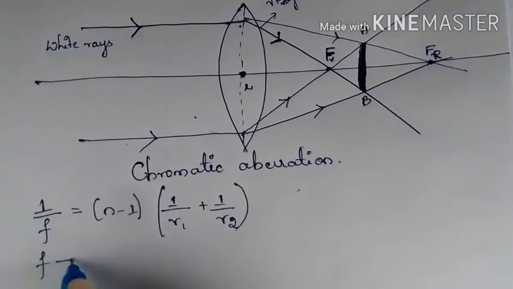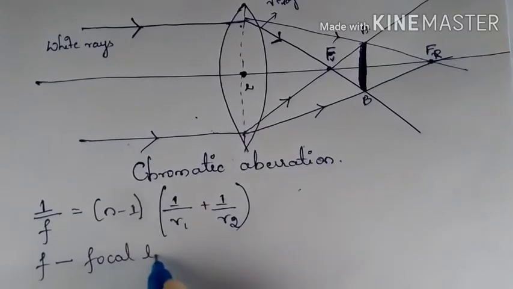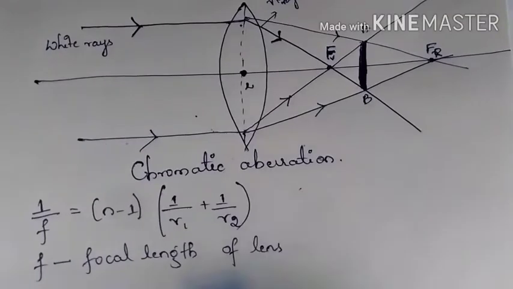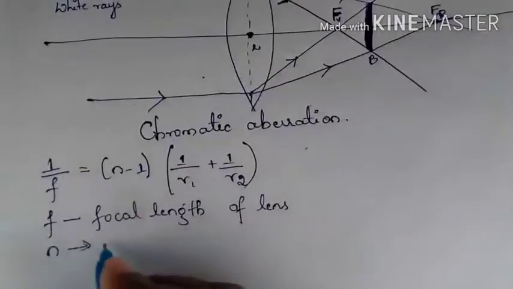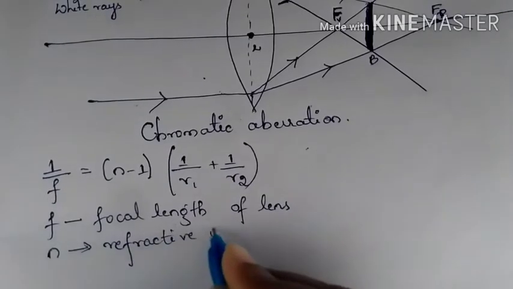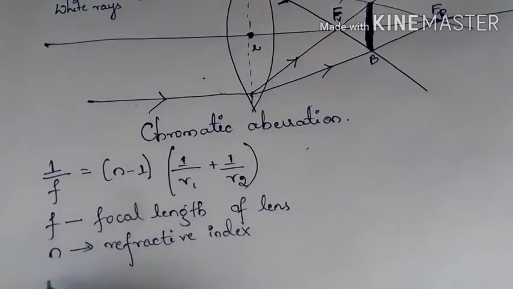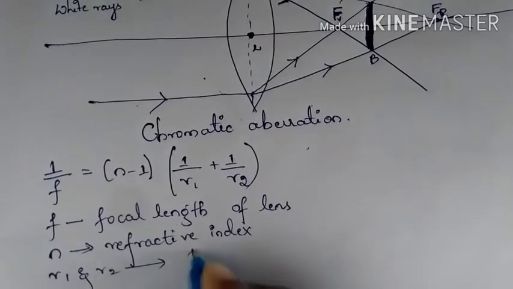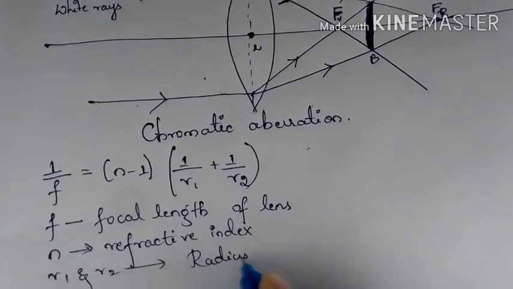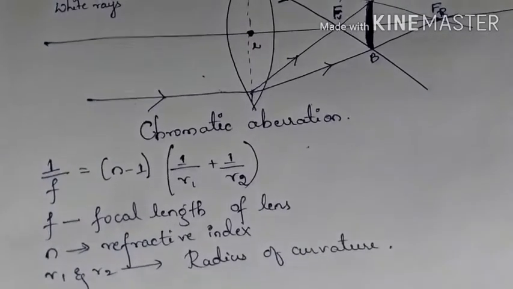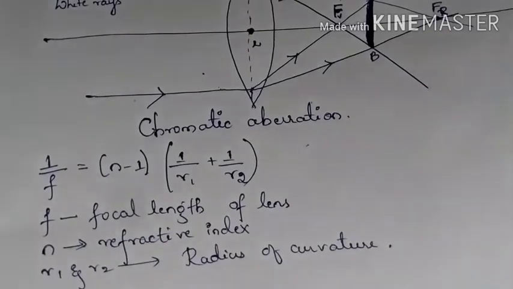So here f is the focal length of the lens and n is the refractive index, r1 and r2 are the radii of curvature. So this is what the focal length of the lens is.